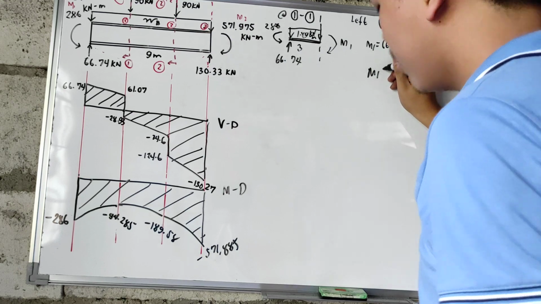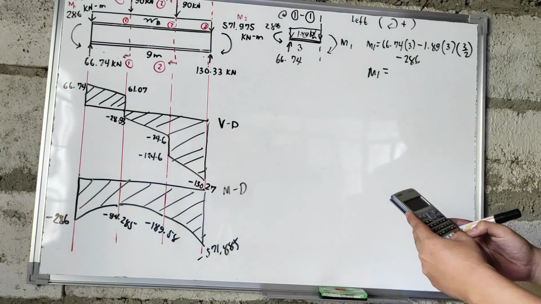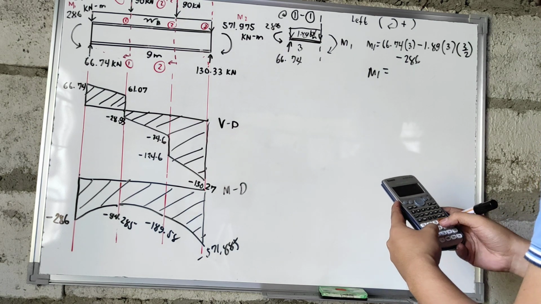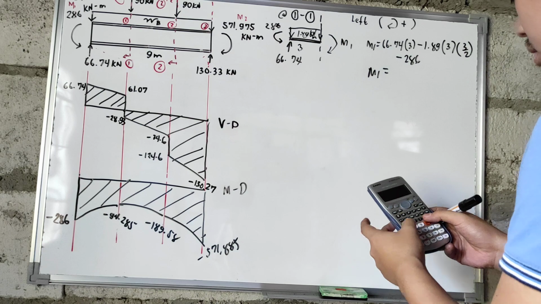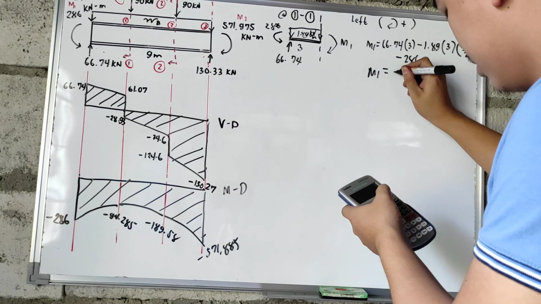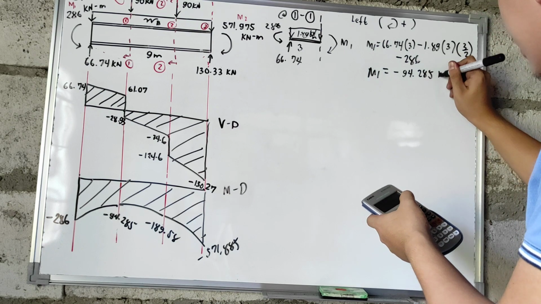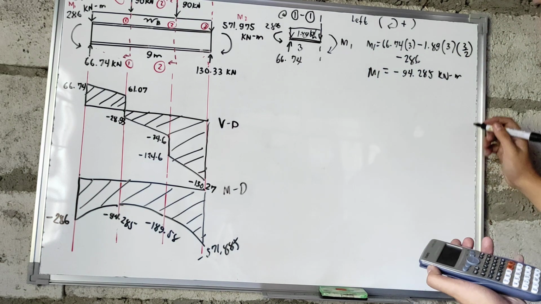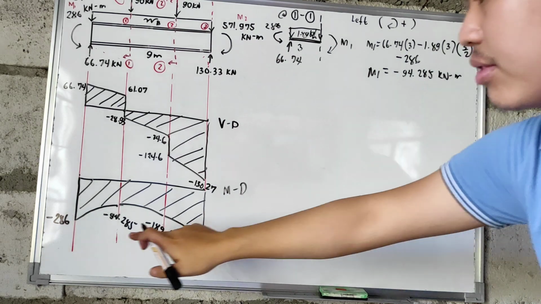So the value of our M sub 1 is now equal to negative 94.285 kilonewton meter.